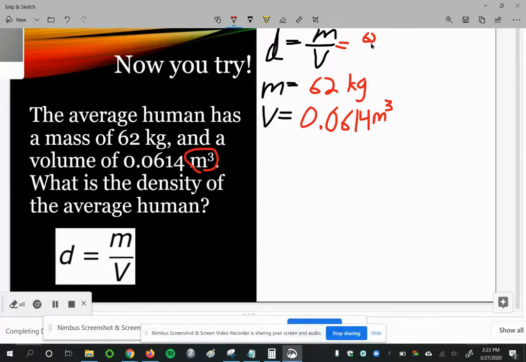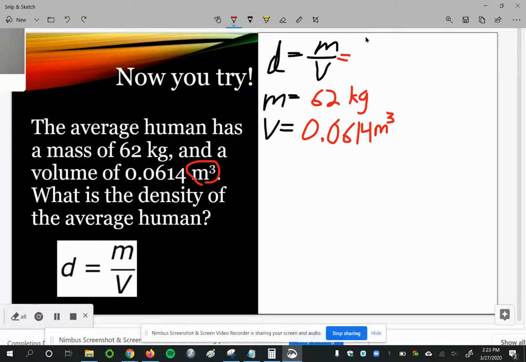So 62 kilograms divided by 0.0614 cubic meters.